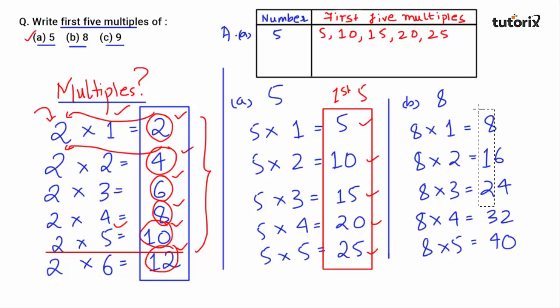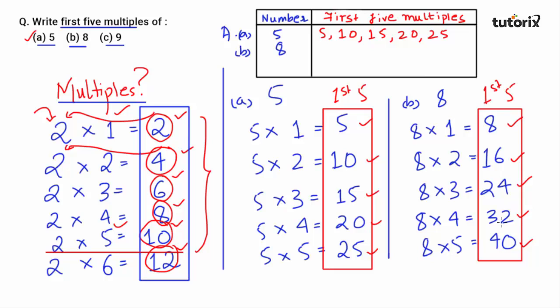So here the first 5 multiples of 8 are 8, 16, 24, 32, and 40. Let's just write it here. We have the number 8 and its first 5 multiples are 8, 16, 24, 32, and 40. See, we got the second part too.